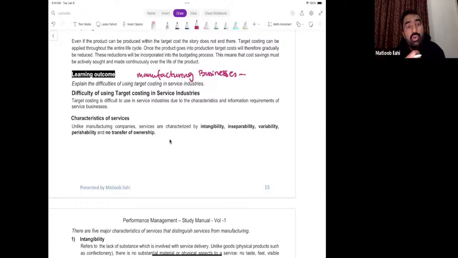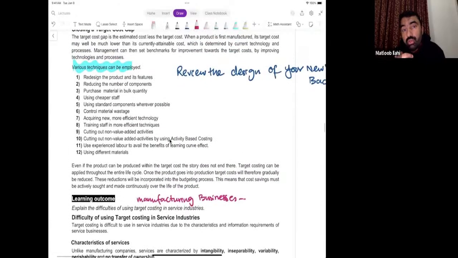So the question is, can we use target costing in service organizations? Previously we discussed that in order to close the target cost gap, there are many steps we need to follow. We redesign the product, reduce the number of components, purchase materials in bulk quantity, use cheaper staff.